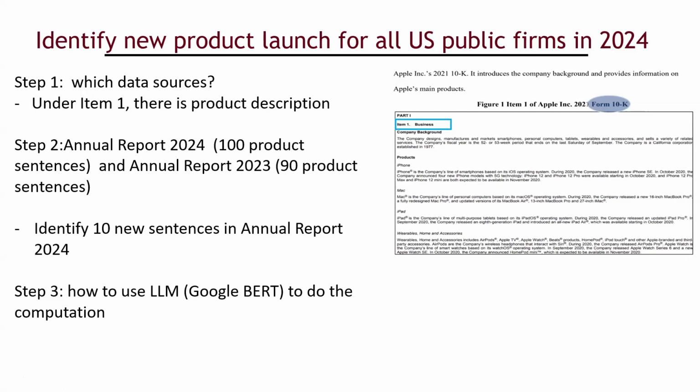Then the second question: let's suppose the annual report for 2024 has 100 product descriptions, and the annual report for 2023 has 90 product descriptions.